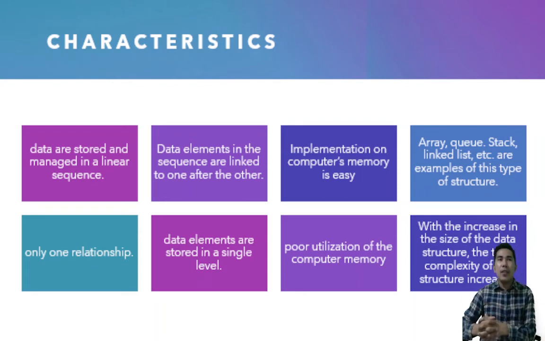We could say that there is a poor utilization of the computer memory if a structure is implemented in a linear or sequential manner. With the increase in the size of the data structure, the time complexity is also going to increase.